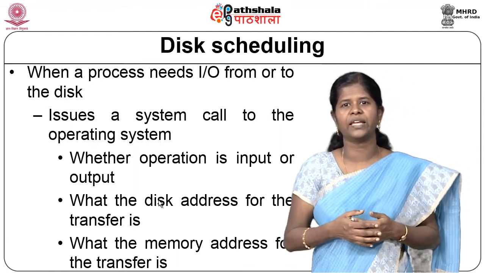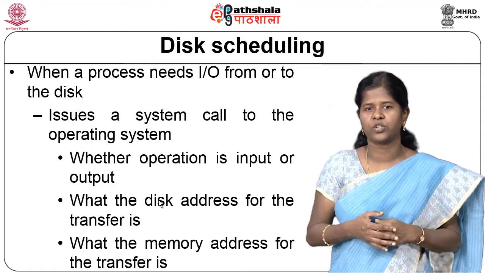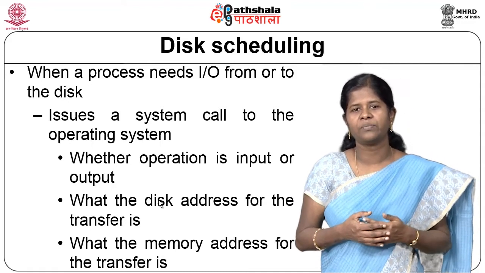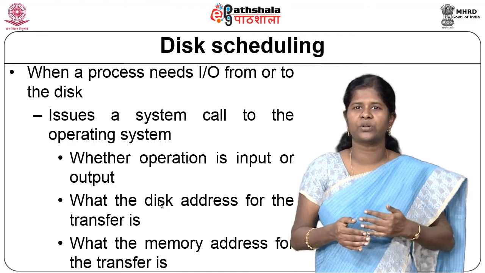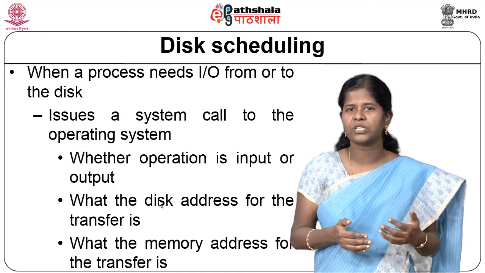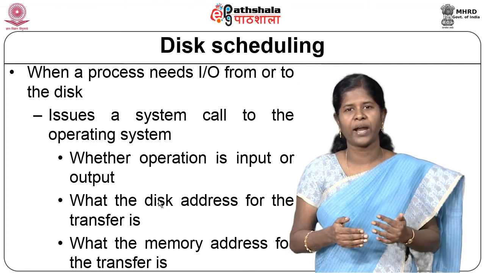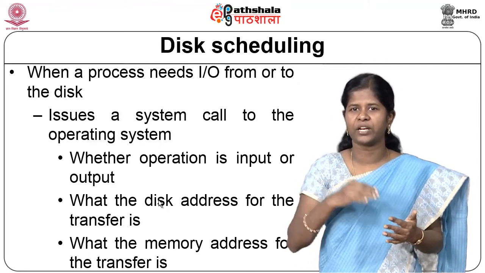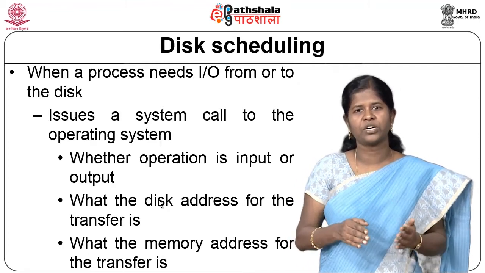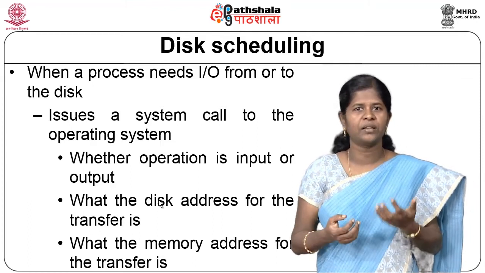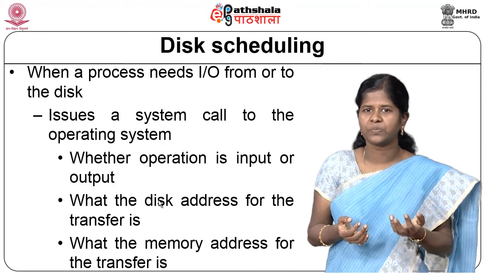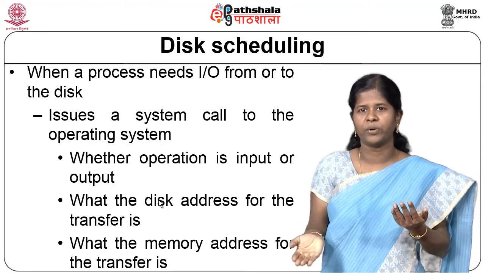It can also say what the logical address should be, and then what the memory address for the transfer is. Suppose you are trying to read from the disk: in the user space a buffer has to be provided into which information will be read from the disk. If it is a write operation to the disk, then the information to be written will be kept in a buffer in the user space, and from there it will be copied onto the disk.